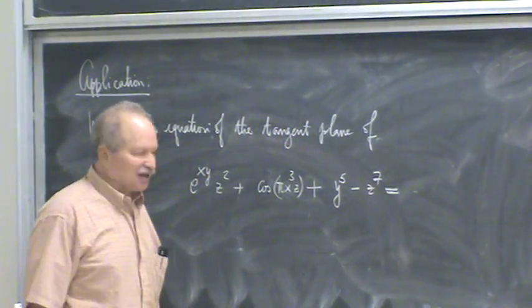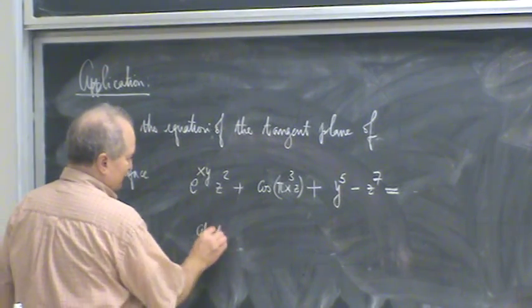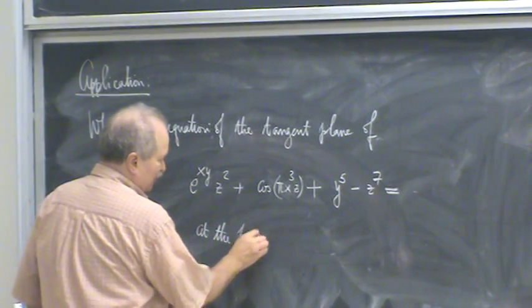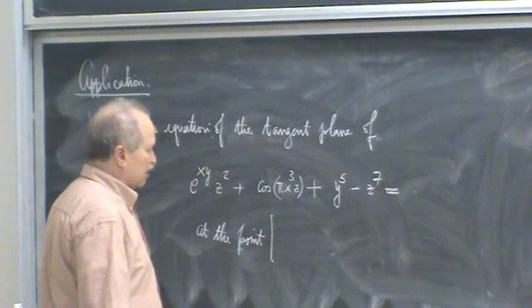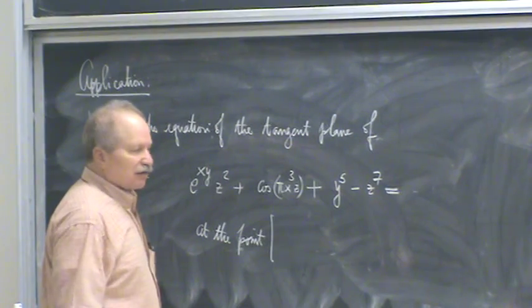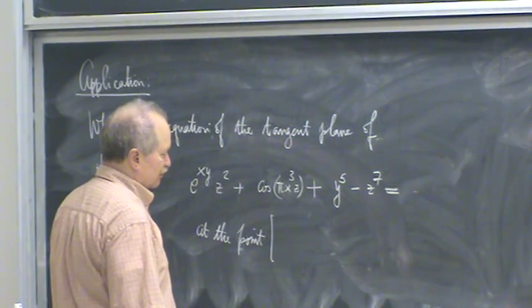Okay, so now I'm going to cheat. I'm going to say at the point, so I want a certain point on this surface, so I'm going to cook up a point that I might like.